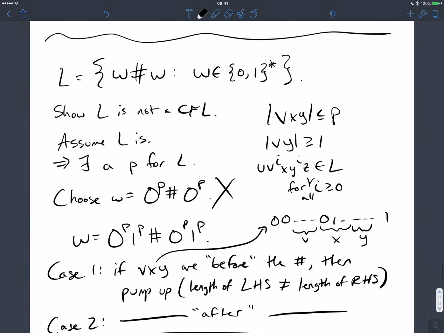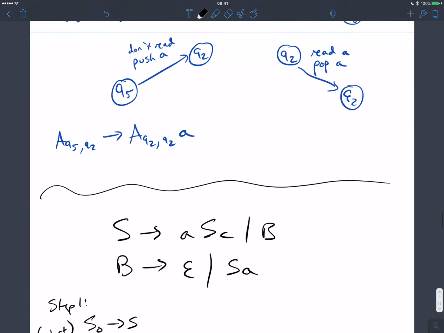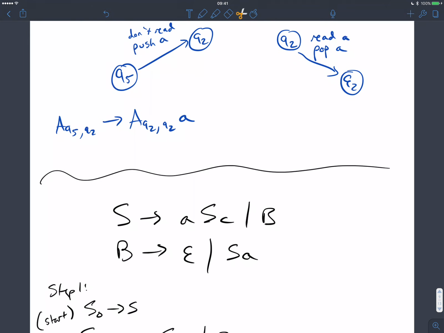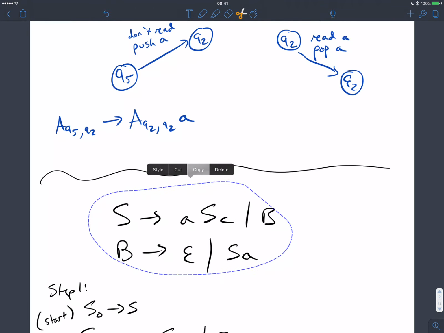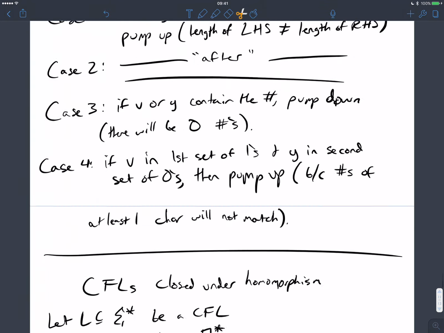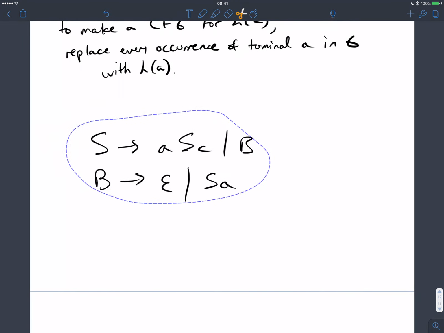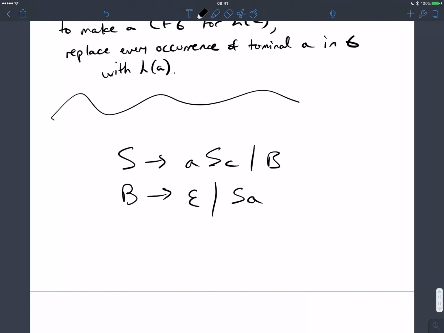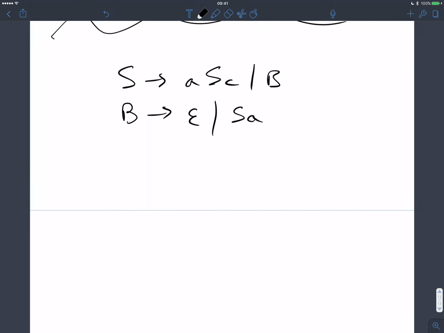So let's actually do an example because many people ask me about this. Let's, again, look at the same grammar. And let's consider h of A is the string $$, and h of C is, smiley face.